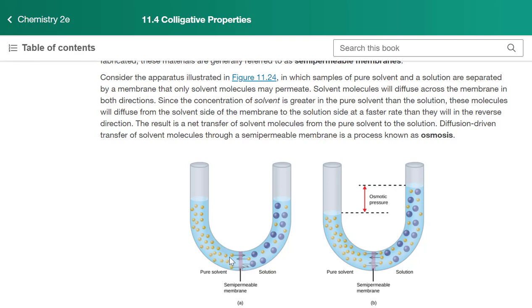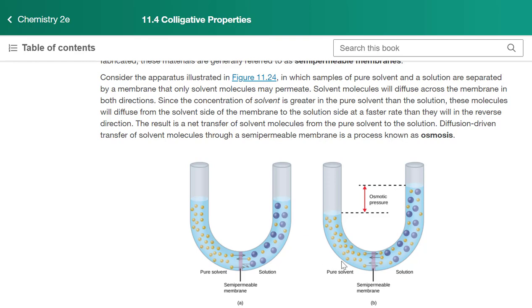So what's going to happen here is we have this dynamic equilibrium where the solvent will be going back and forth across this membrane because it can. Meanwhile, the solute will not. The solute is not allowed to cross this membrane. We're showing here the solute as being larger than the solvent. In some cases, it's based on size. In some cases, it's based on some other properties such as polarity, for example.